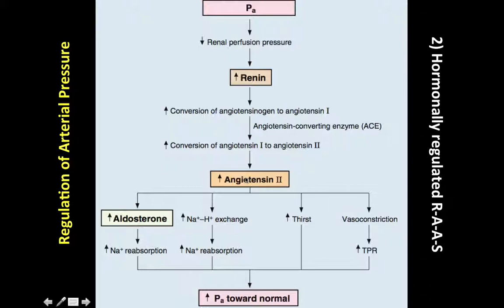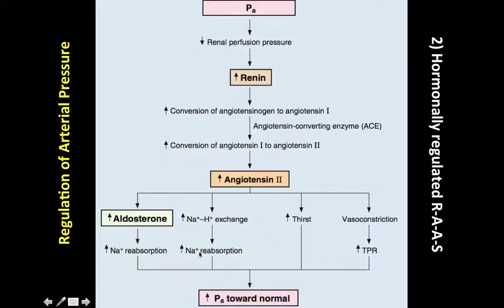Now what else does angiotensin 2 do? It increases the sodium proton exchange. Okay, and this happens in the proximal convoluted tubule of the nephron. Now the action of angiotensin 2 is to directly increase sodium reabsorption, and this complements the indirect stimulation of sodium reabsorption via aldosterone.